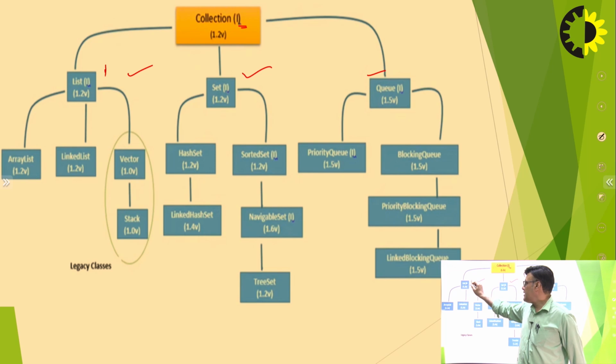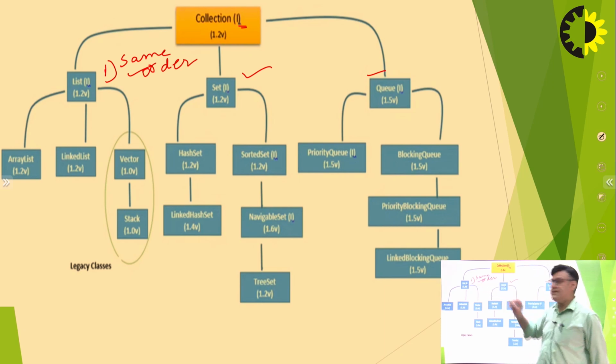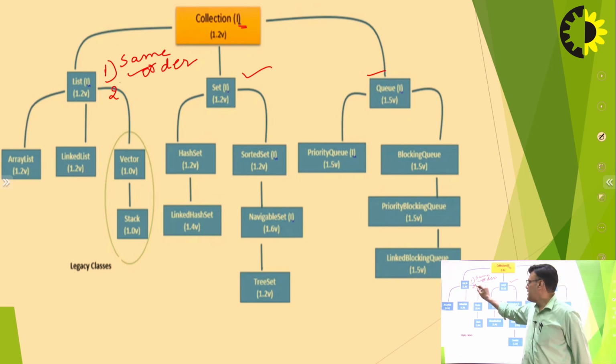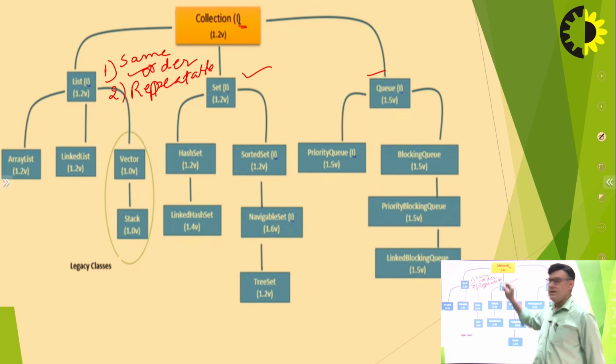So number one, the same order should be maintained. Secondly, repetitions are allowed. Repeatable means more than one same element can come.